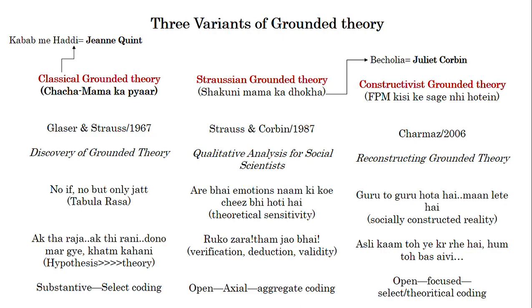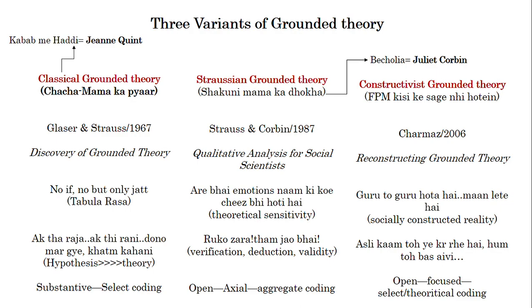Then the second thing grounded theory talks about is that if x is equal to y, then y is equal to x. This is more like a pure science. If you go to the field and your informants, the people you are interviewing, say that x is equal to y, then for you x should always be equal to y.